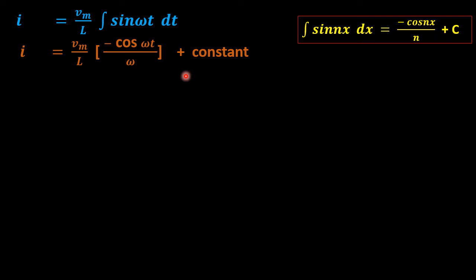Due to this reason, we take this constant as 0, as there won't be any component of the current which is independent of time in AC. Rearranging, we get the expression I equals minus Vm by omega L cos omega t.